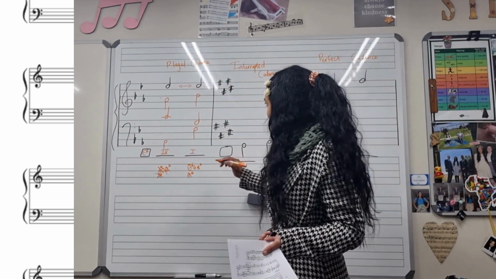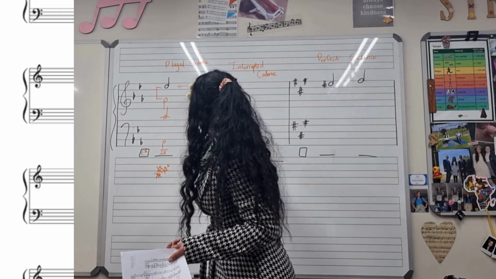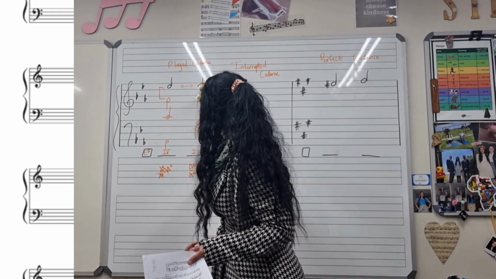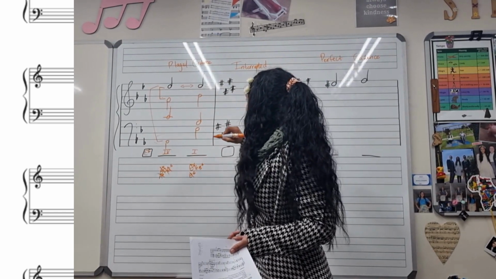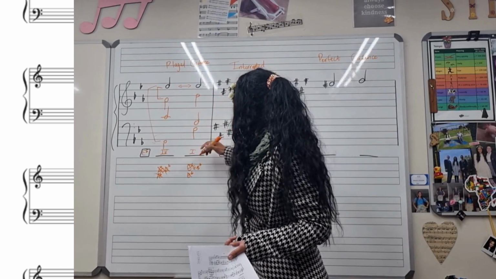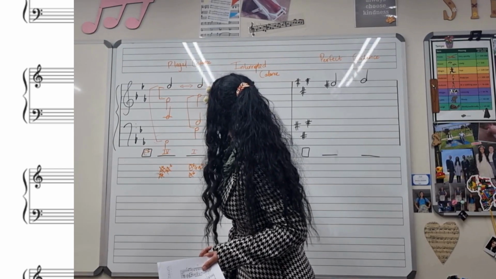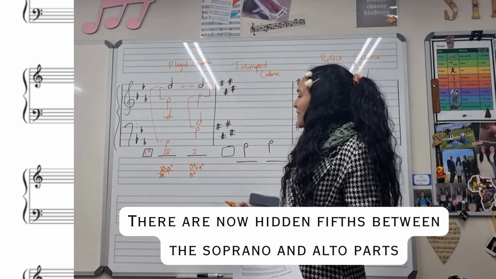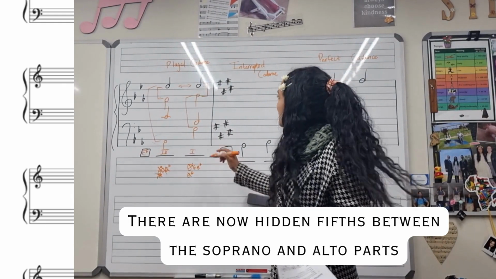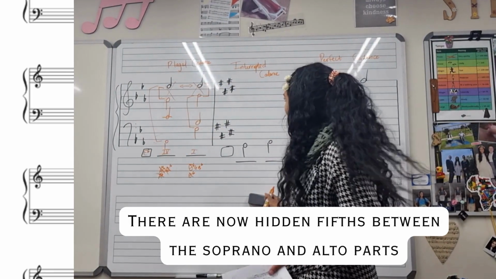But when it comes to fifths, let's see, I have an A flat and an E flat, and then I have an A flat and an E flat, and then here I have an E flat and a B flat, and then also I have a nice hidden parallel fifth there, and that's not going to work out well because there are fifths and that is not what we want. So we want the previous way, okay?